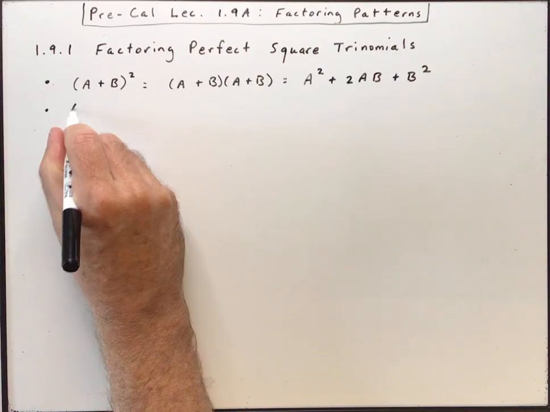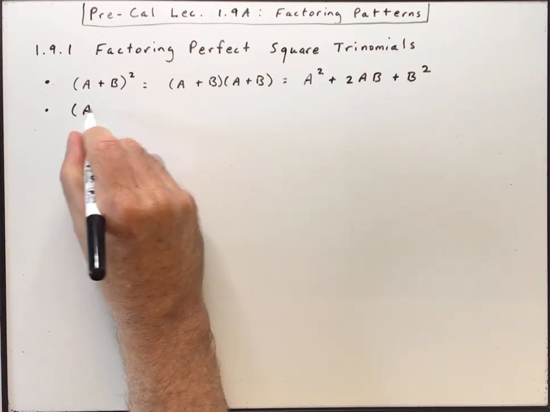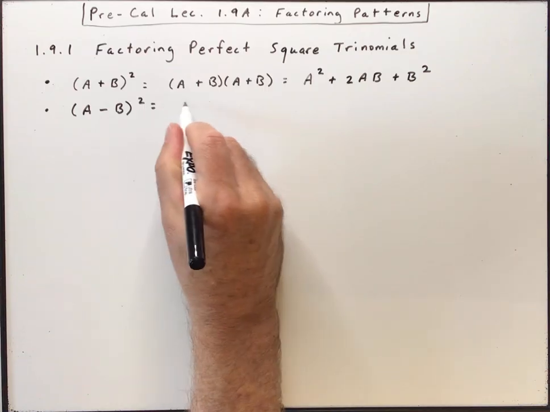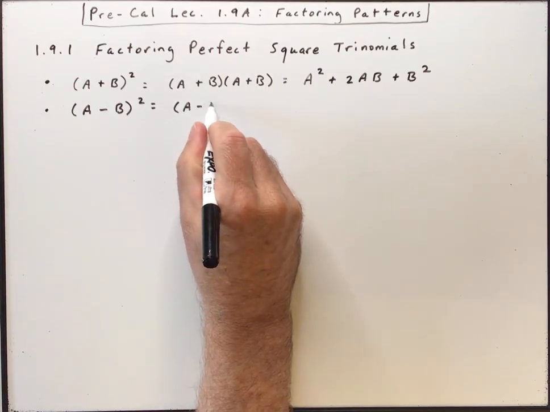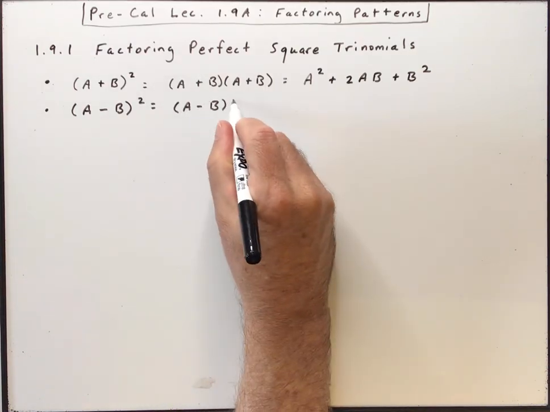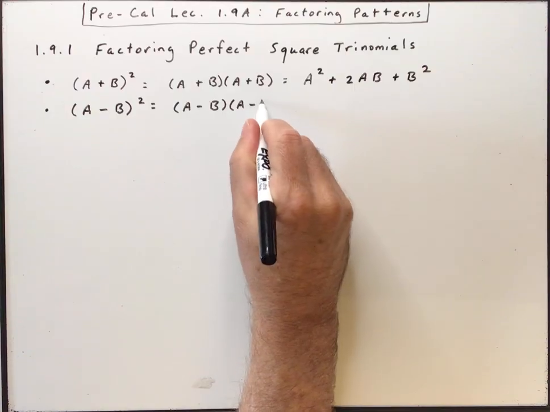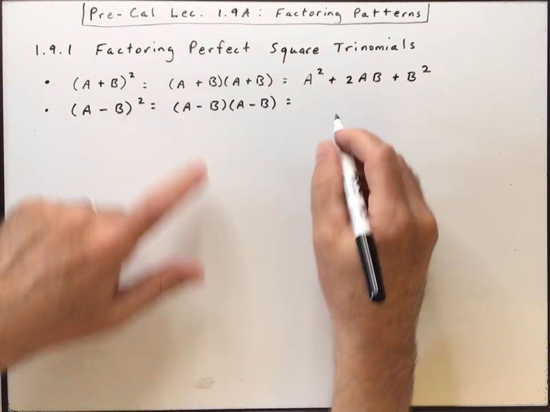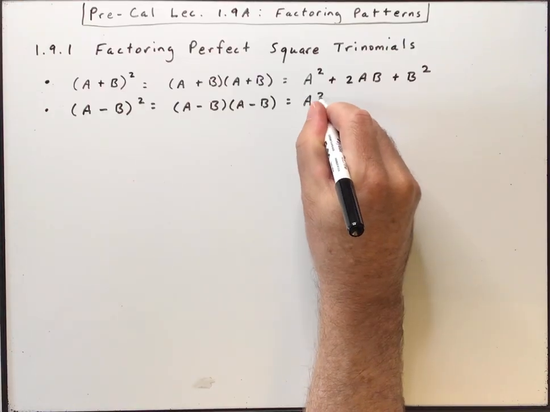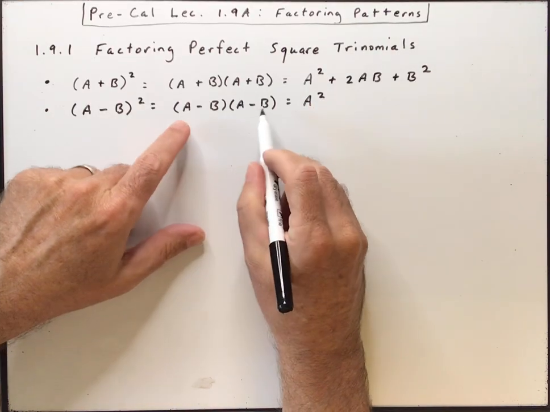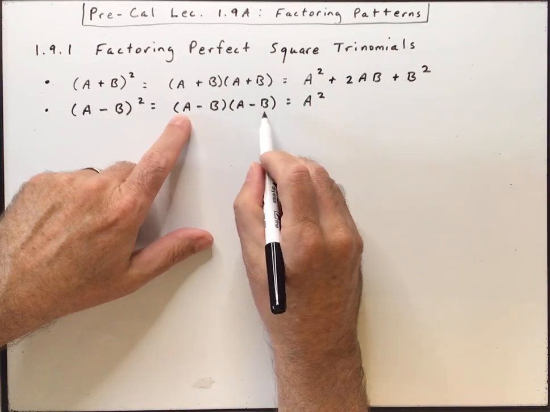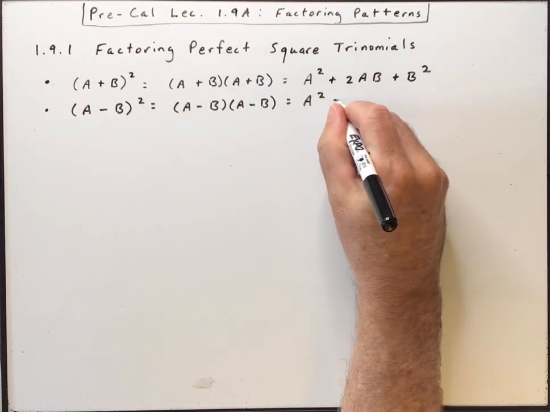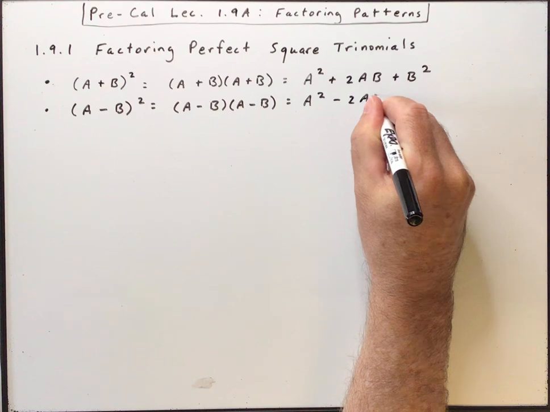And if we had (a - b) all squared, that's going to be (a - b) times (a - b). If you FOIL that out, you'd have a times a, so that's a squared. Then you'd have minus a times b and another minus a times b, so that's minus 2ab.